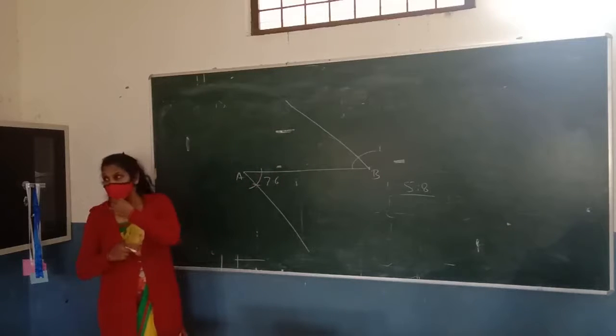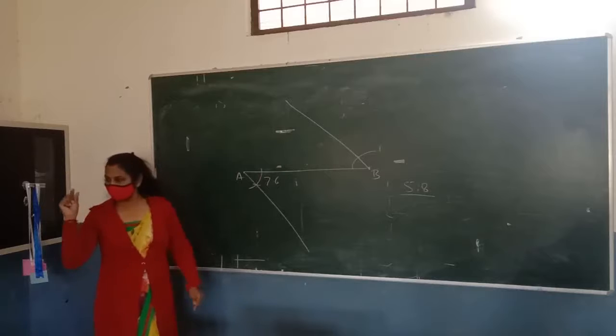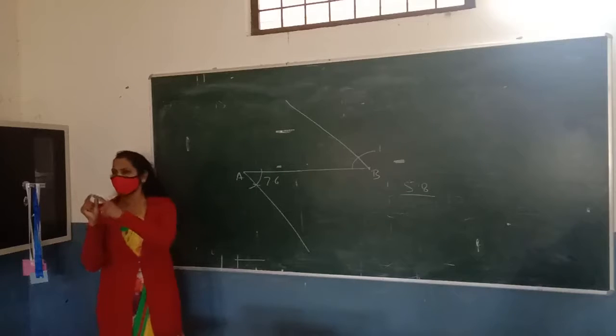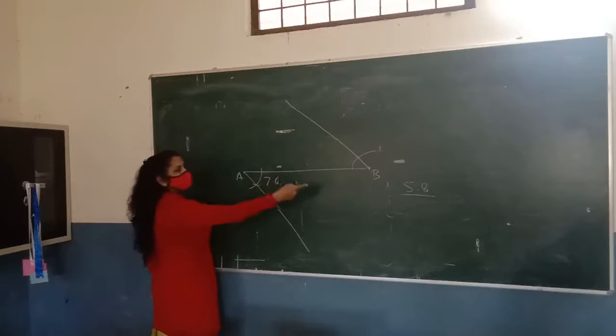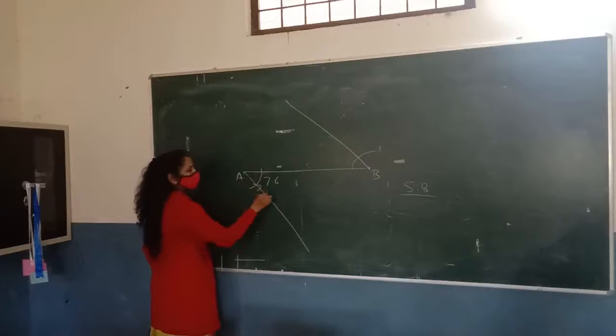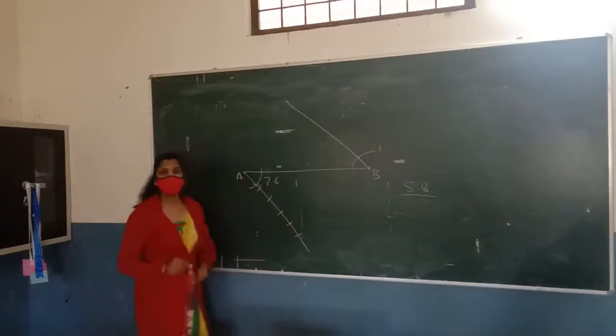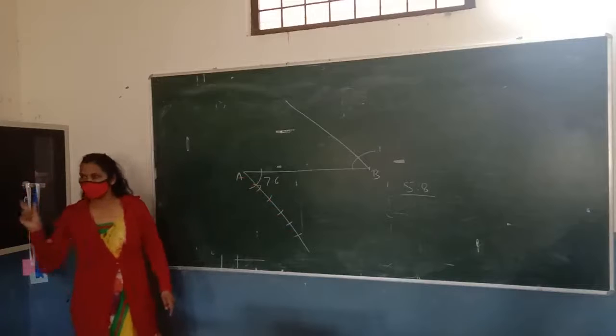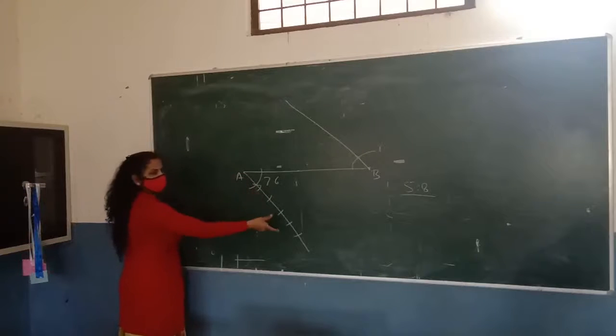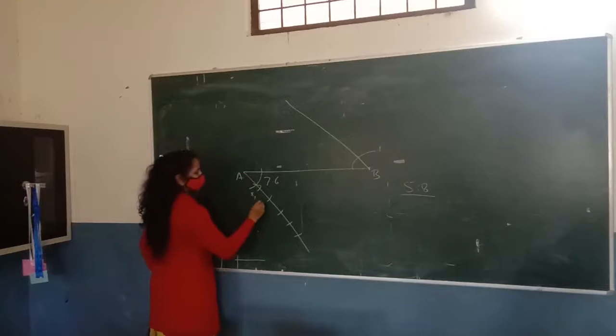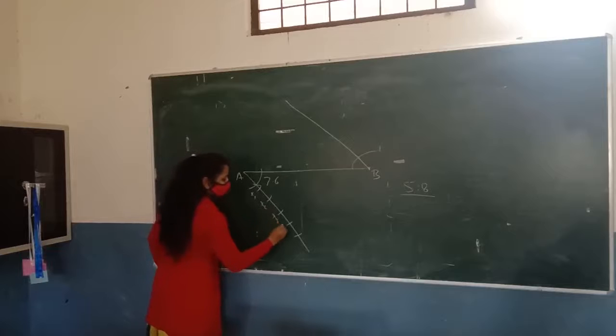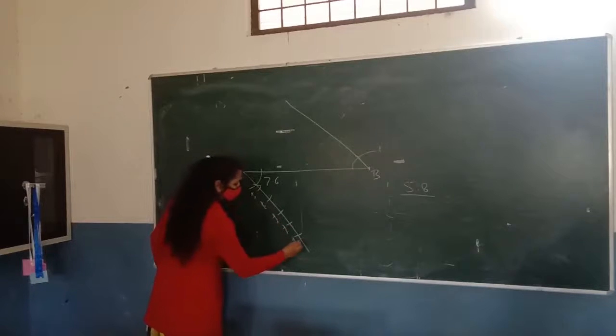Now for the ratio 5:8, using a compass, take any radius of any length and cut 5 arcs from this side: 1, 2, 3, 4, 5 of equal radius and equal length. I am writing them as X1, X2, X3, X4 and X5.